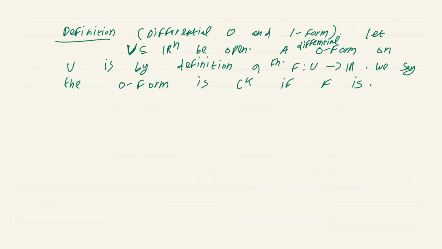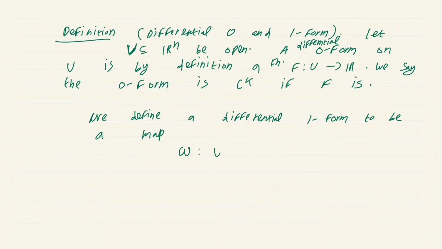For a one form, we define a differential one form to be a map, which I'm going to call omega, from U to Rn star. Exactly like the derivative df, the total derivative or total differential, exactly modeled on df, we are now defining a one form to be nothing but a map omega from U to Rn star.